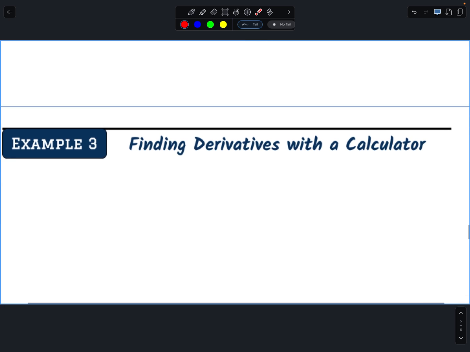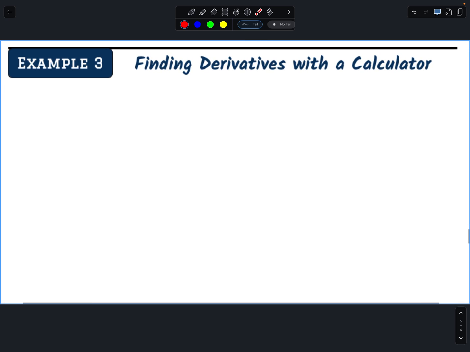Calculator problem. All right, this one's a really important example, even though it doesn't look that serious.